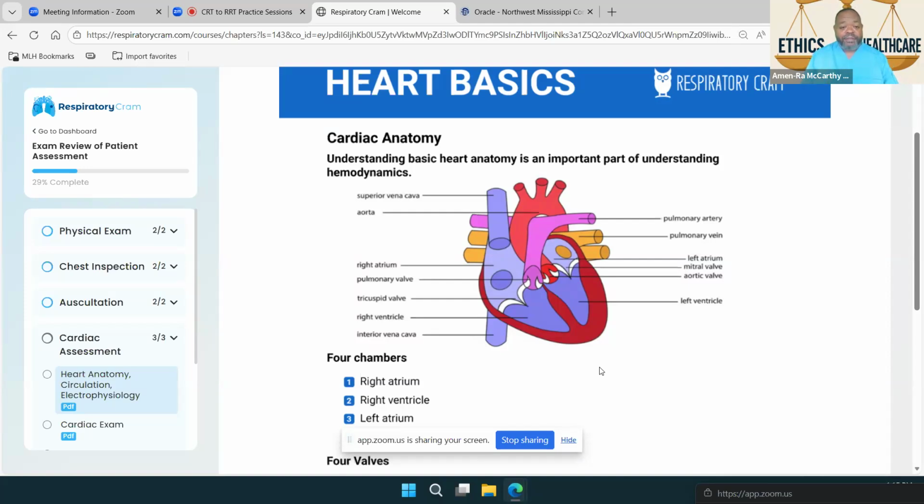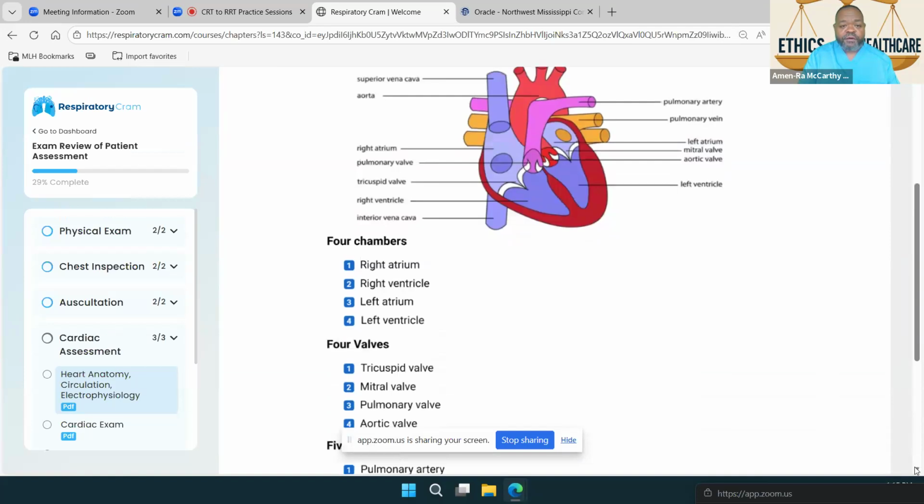So cardiac anatomy, we start off with these structures here. We have 4 chambers, and remember, there's 4 valves, right? As far as the chambers, and this is a photo here, you have the right atrium, right ventricle, left atrium, left ventricle. So I'm going to show that as well with my little diagram that I have right here. I hope everybody can see it.